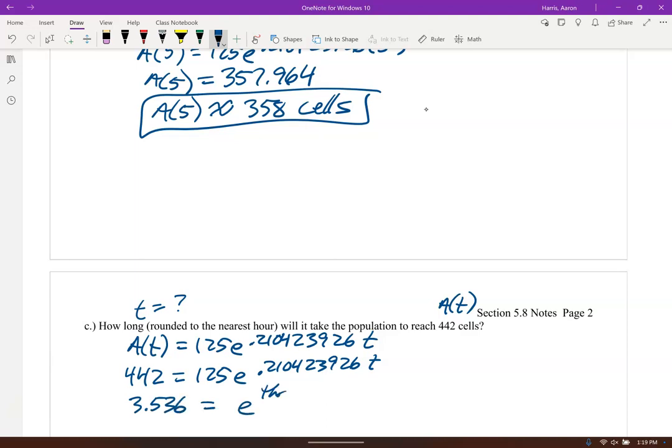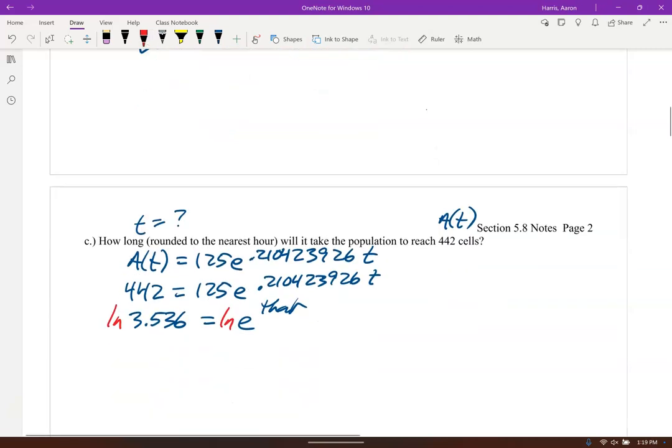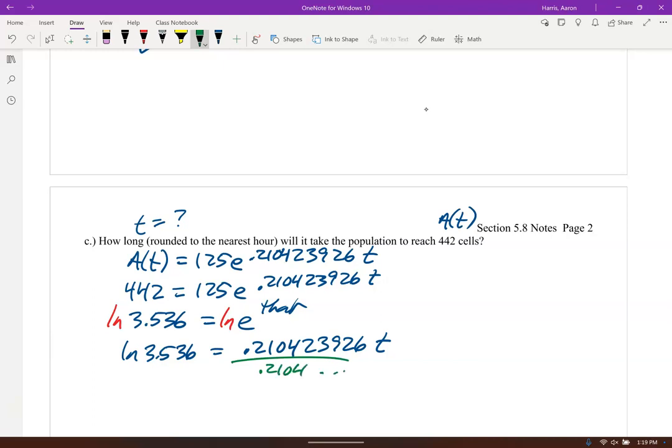Now I'm going to take the natural log of both sides. And so we've got the ln of 3.536 equals 0.210423926t. I'm going to divide both sides by that.